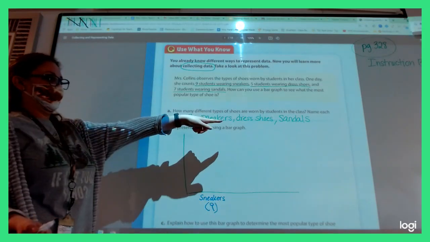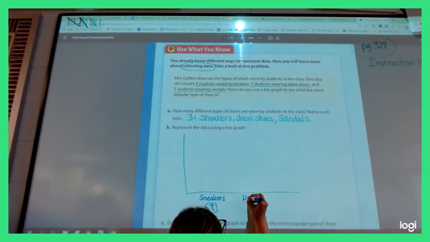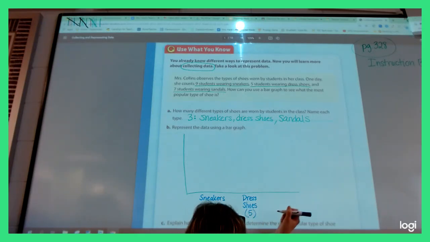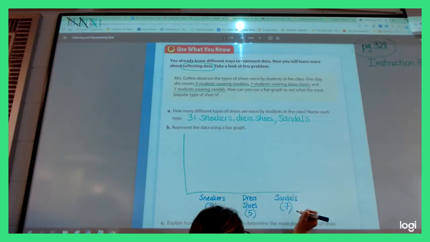And now we check out our dress shoes. Give yourself a little space. And I have 5 students wearing dress shoes. And finally, we've got our sandals. Which we have 7 students wearing sandals.